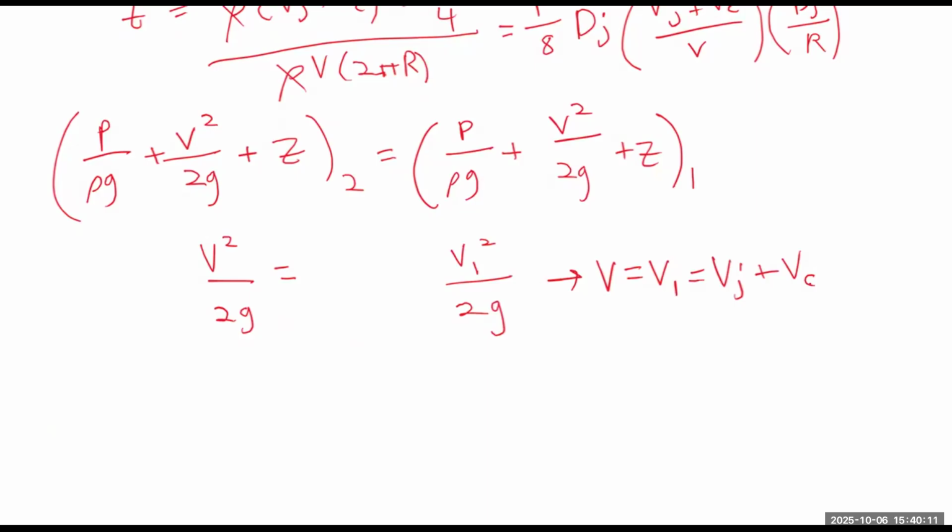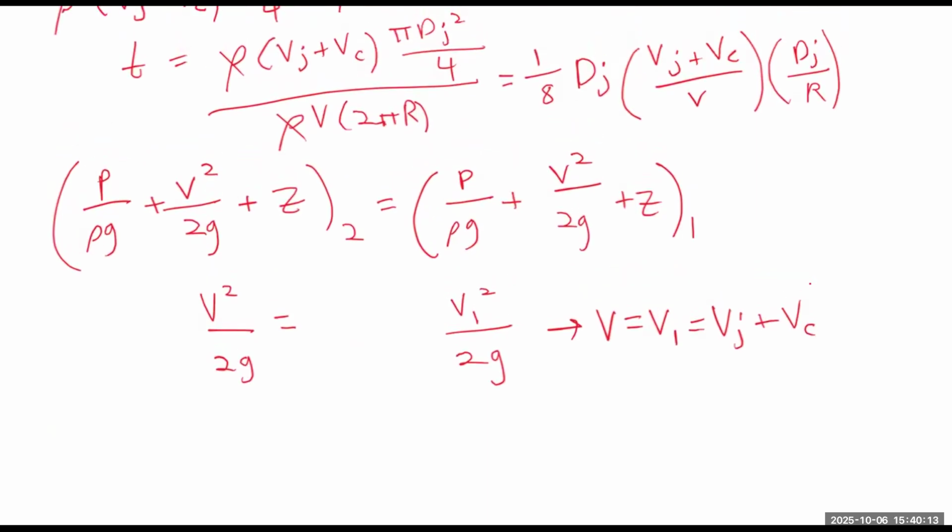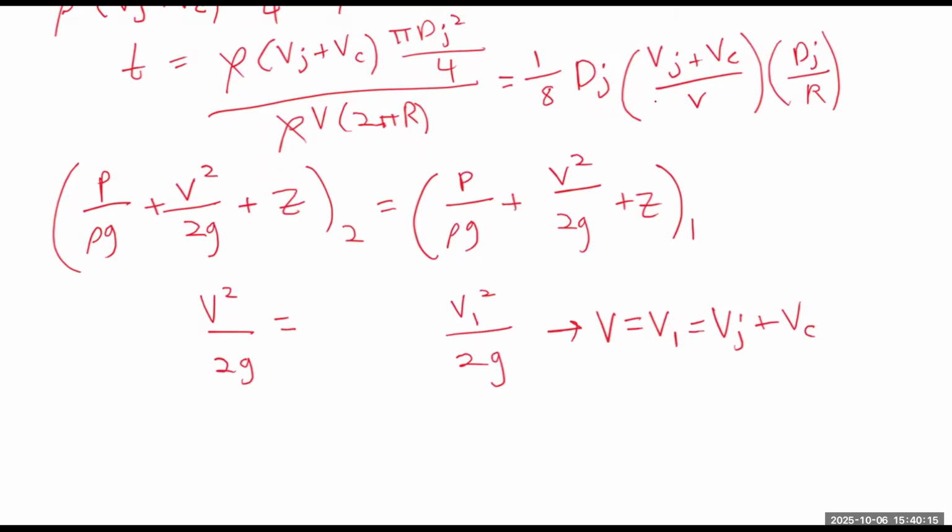And now plugging these values in for V in our equation for T, we have that T is equal to 1 over 8 dj times Vj plus Vc. And then we plug in Vj plus Vc for V.